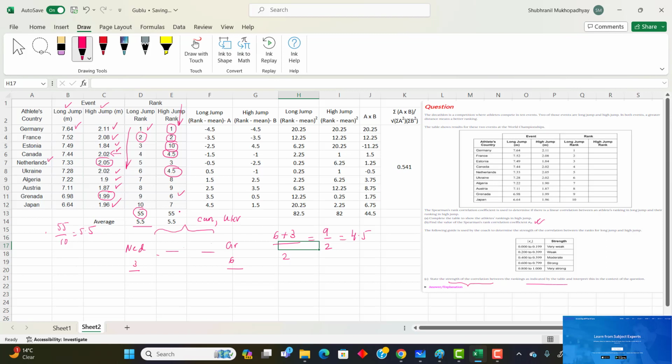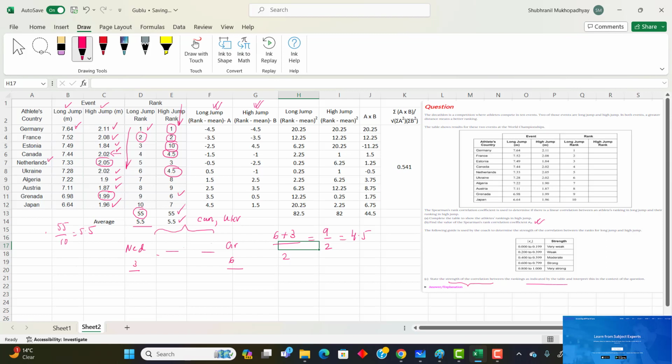Similarly, if you do the same for the high jump category, the total comes out to be 55 again, and the average rank is 5.5. To find the Spearman coefficient, the next step is to find the deviation from the mean for each category. I'll give you an example for this.